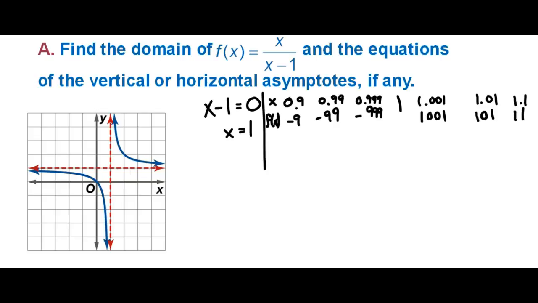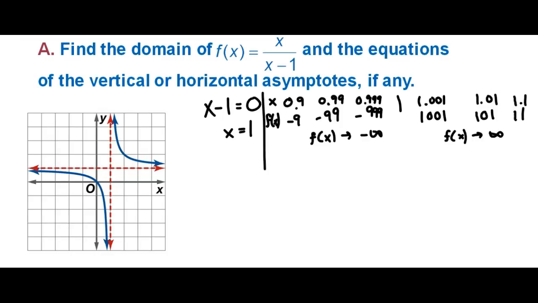So as you can see, as I come into 1 from the left, my f of x approaches negative infinity. The numbers are getting larger and larger in the negative direction, just like my graph shows. And as I approach 1 from the right side, notice my numbers approach positive infinity, just like the graph shows.